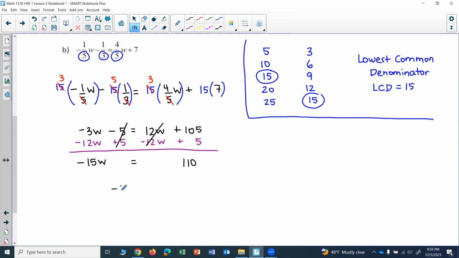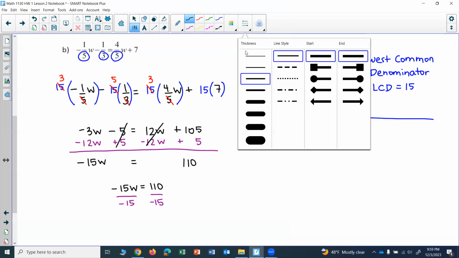So I have negative 15w equals 110, and my final step would be to divide both sides by negative 15. That's what will give me my solution.